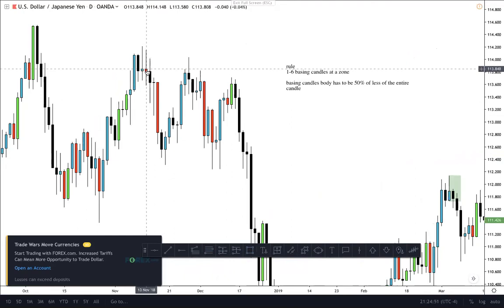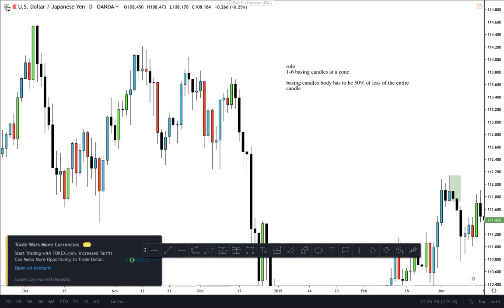For these here, the bodies are less than 50%. For the basing candle area, it must have candles whose bodies are less than 50% of the candle. You could have candles that are more, but for basing candles, the body is less than 50% of the candle. Now, I have an indicator that helps with identifying the basing candles.